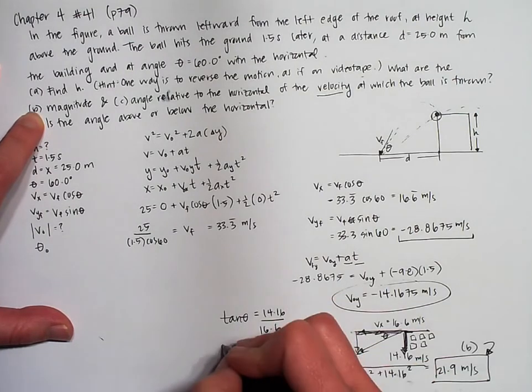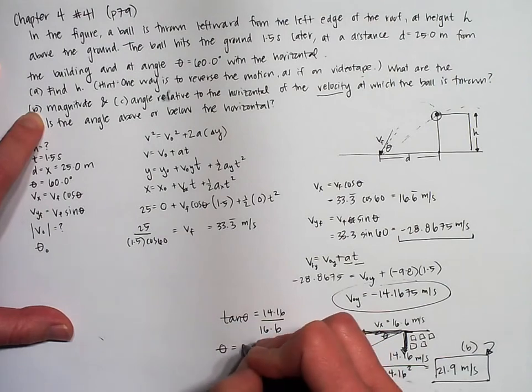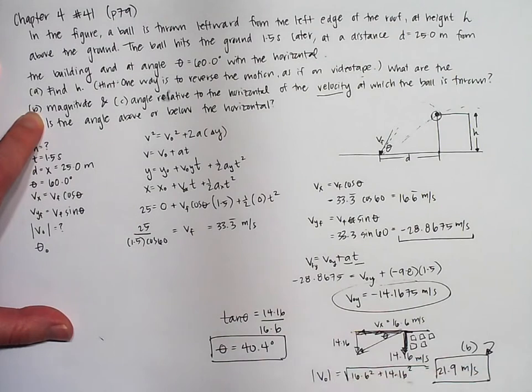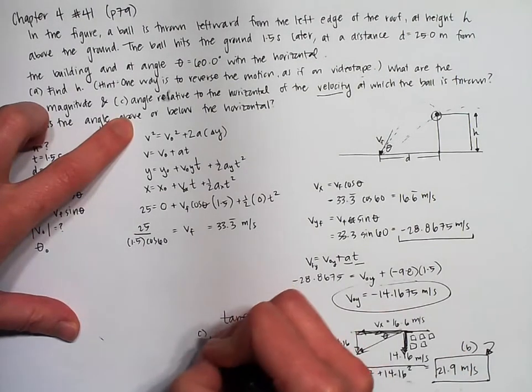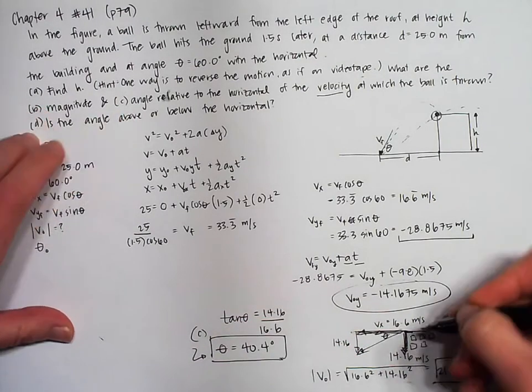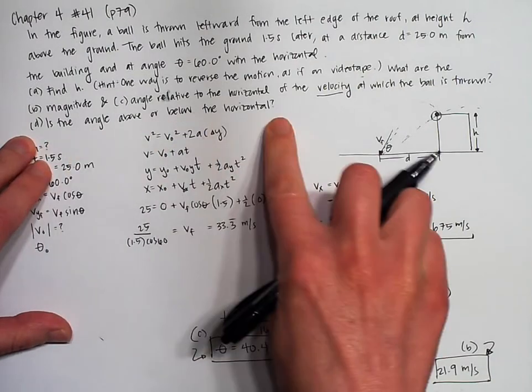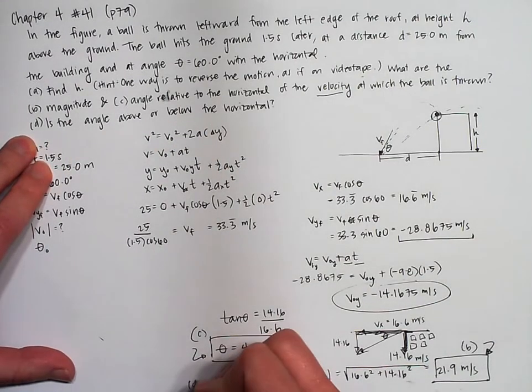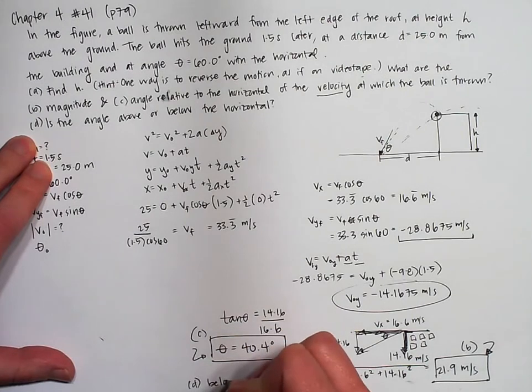And I find out this theta is 40.4 degrees. And so that is the answer to part C. And I already know that this angle is below the horizontal because I already solved for my negative y velocity. So our answer to part D will be below the horizontal.